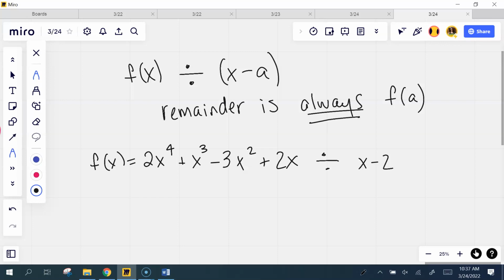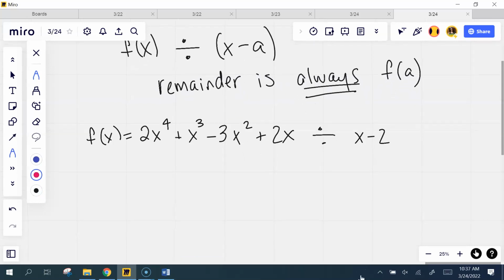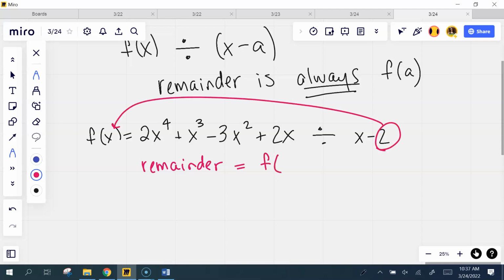Do you agree? But what I also know is that the remainder, when I divide, is going to be f of 2. Always. So let's check it and see. The first thing, let's do f of 2. So plug 2 in for every one of these x's and see what you get.